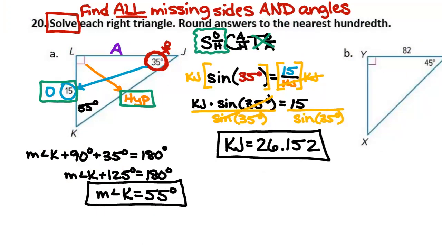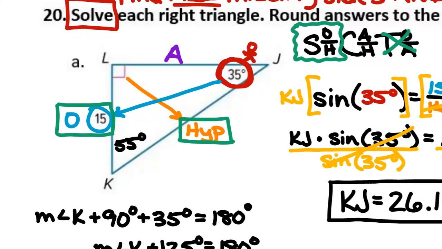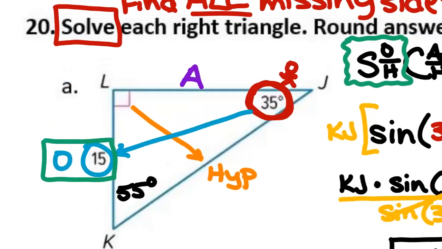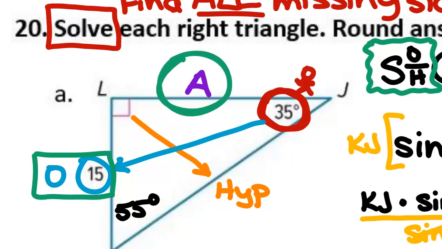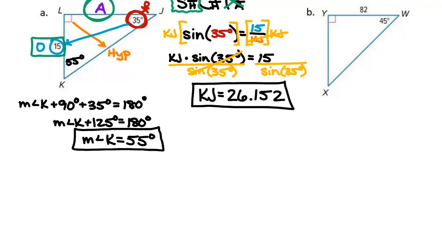We still need to find LJ yet. LJ is my adjacent side. So if we're wanting to find the adjacent side, and we have the opposite side, we're going to have to use tangent.